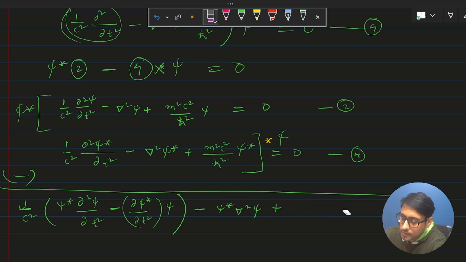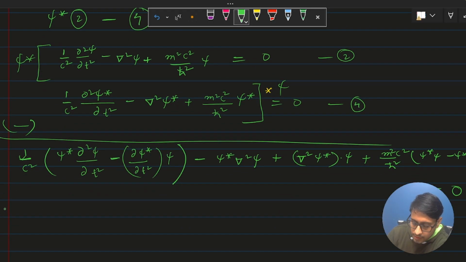So we have this nabla square psi asterisk psi, conjugate basically, and psi. So now we have the second term written, and plus, now we can see that these two terms can cancel, but let me write it: m square c square over h square and then psi asterisk psi minus psi asterisk psi equals 0.